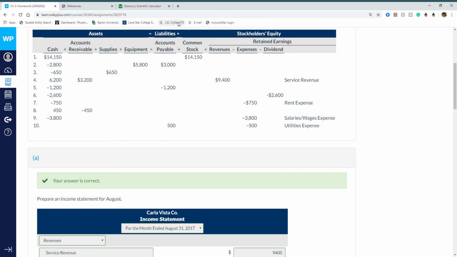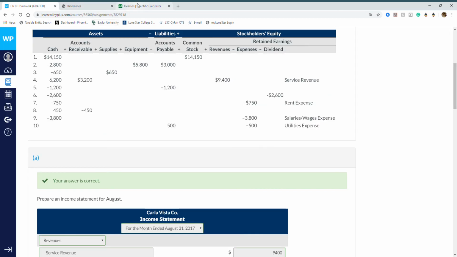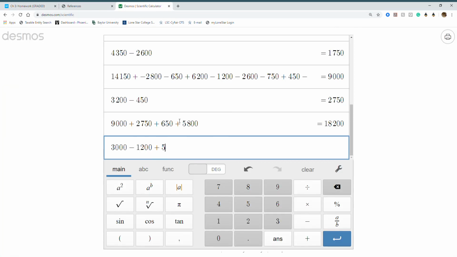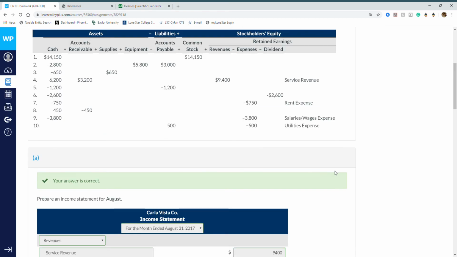So let's go ahead and calculate. We had 3,000 minus 1,200, and then add on another 500. 2,300.